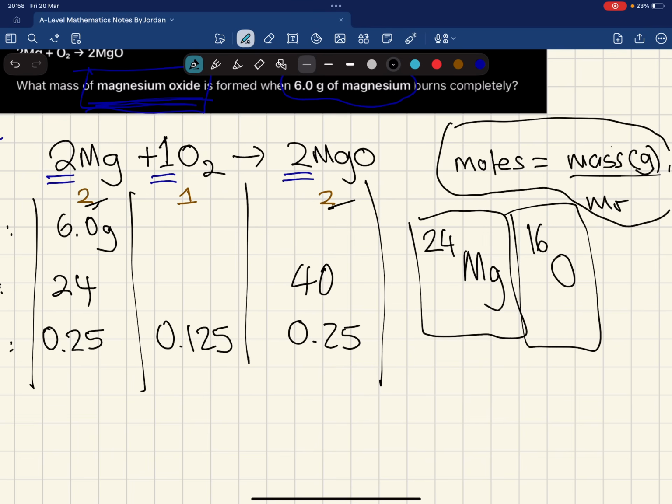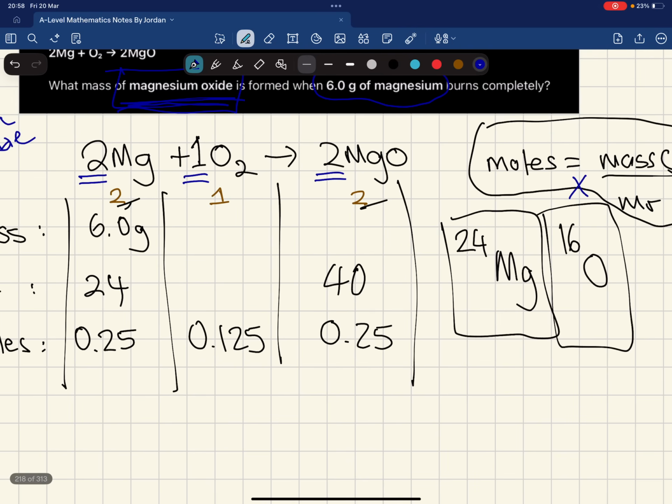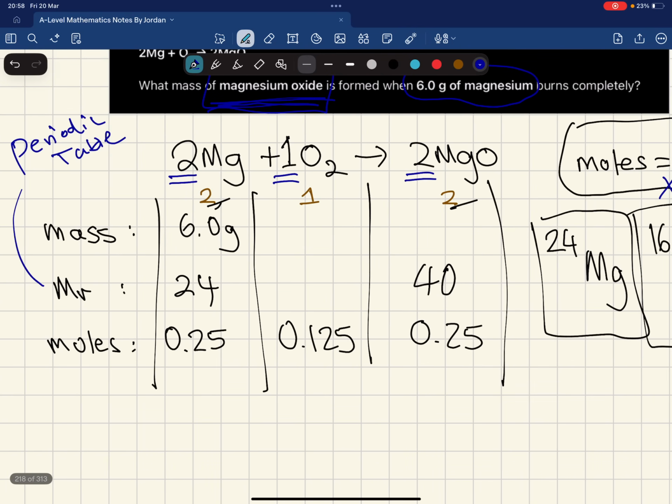So to rearrange for mass, since it's being divided at the moment, you would multiply these two here, the moles and the MR. 40 times 0.25 will give us 10. So there you go, 10 grams will be your answer for that question.